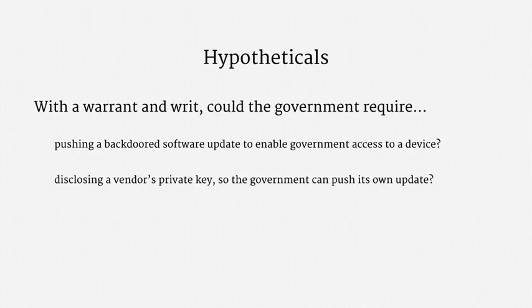What about compelling a device manufacturer to decrypt data held on a smartphone? The answer to all of these questions, once again, is maybe. These issues just haven't been litigated. The best I can offer you is the analytical framework that a court would use if presented with these issues.